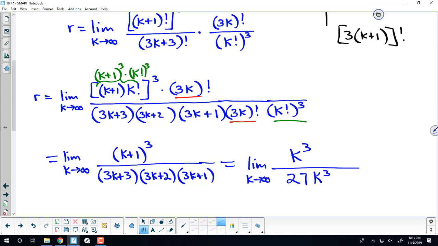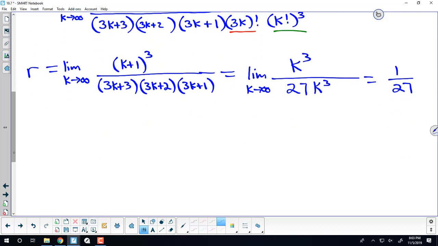You could do L'Hopital's rule 3 times if you wanted, or 2 times if you wanted, but it's the idea. This limit simplifies to 1 over 27. That's our ratio. Ratio 1/27th, less than 1, means that the given series converges.